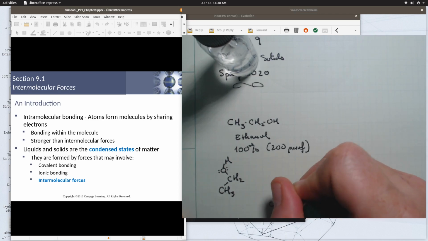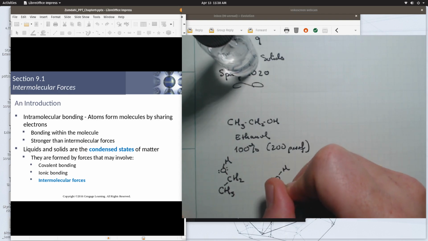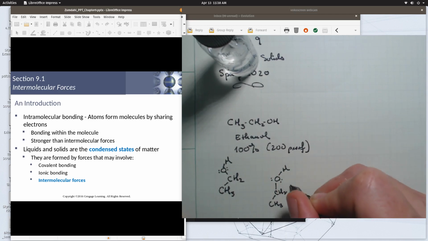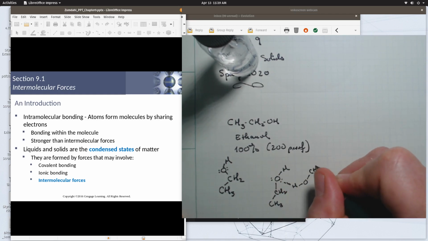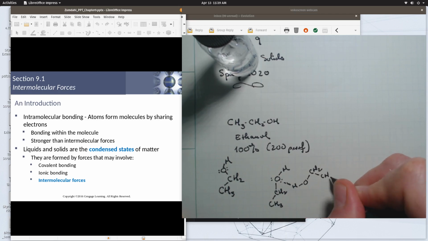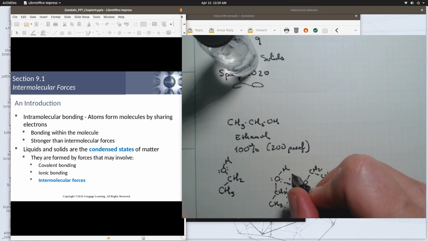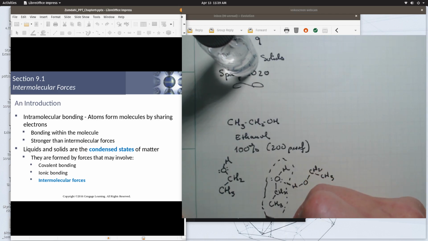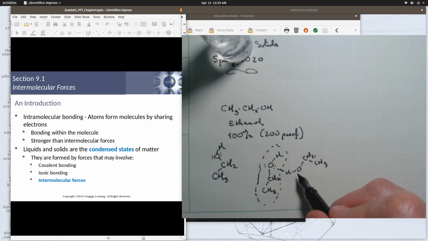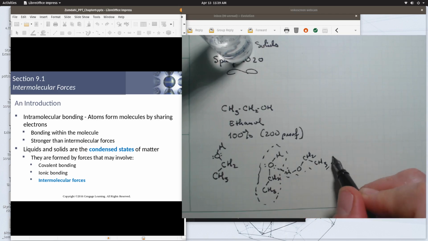Let's draw a chain, maybe O. Here are my lone pairs, and I have another. Let's draw a dashed line. I'll tell you why I'm drawing a dashed line in a second. Here's an oxygen, CH2, CH3. So here's another ethanol. I could draw a box around that and say there's one ethanol molecule, and over here is another ethanol molecule I just drew nearby.